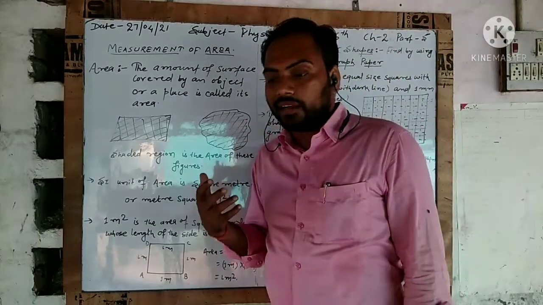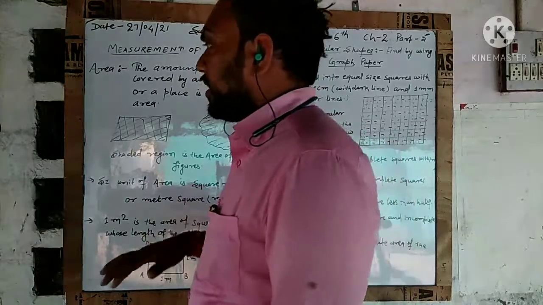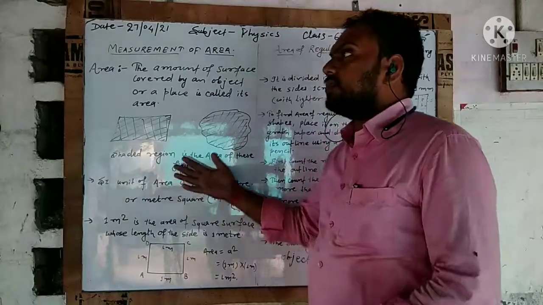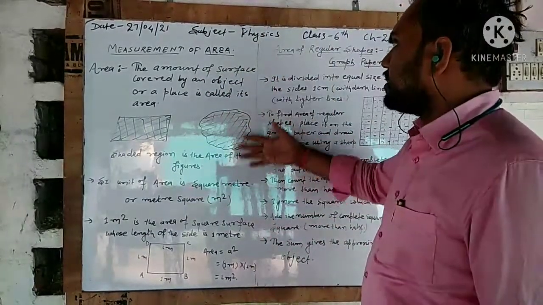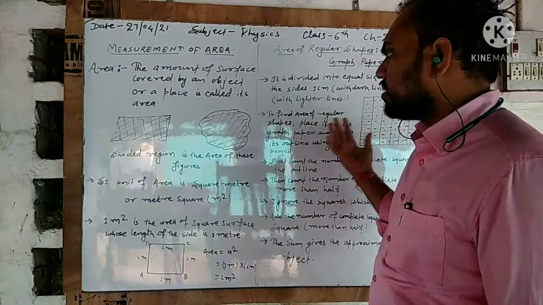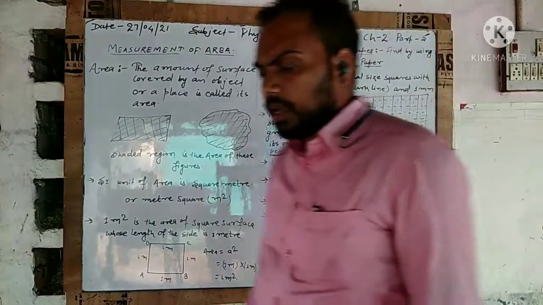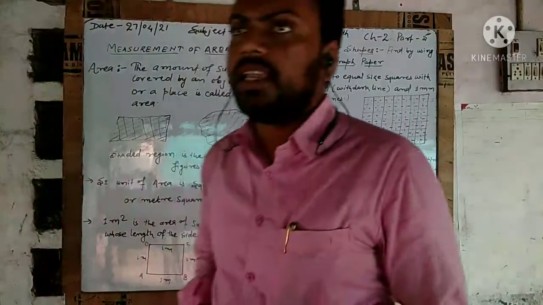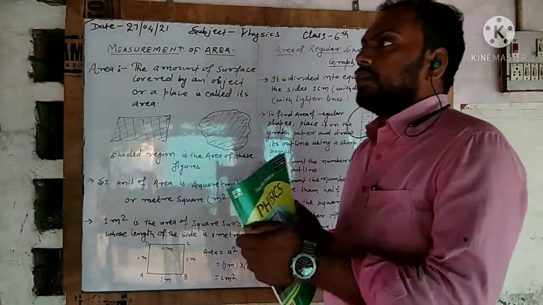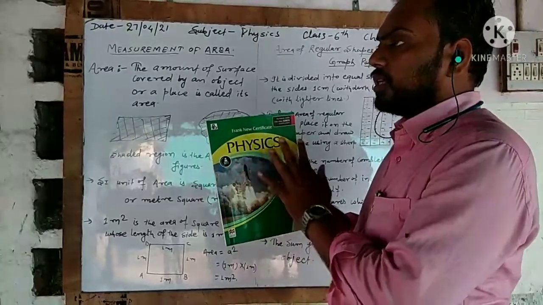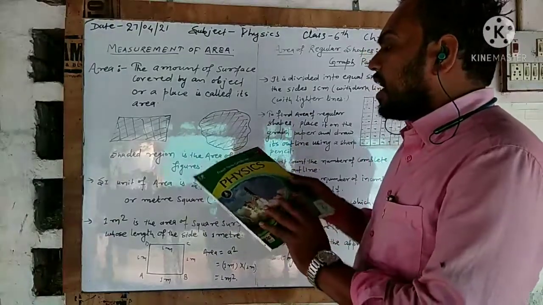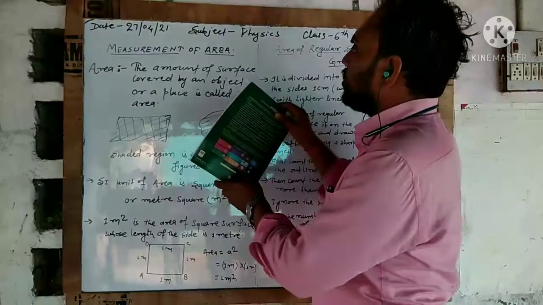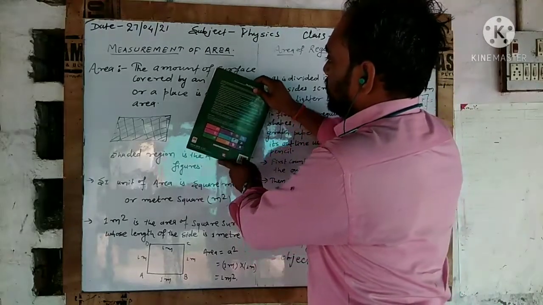You have to understand this. Why area? Where area? Area is always in a plane. This board is a plane surface. If I am asking how much area this face of your book has, I will put it on this plane surface.